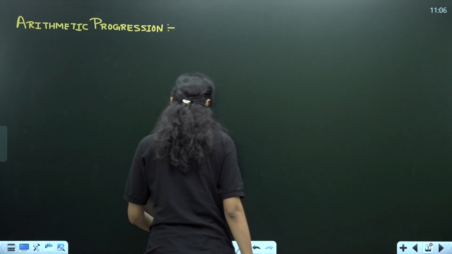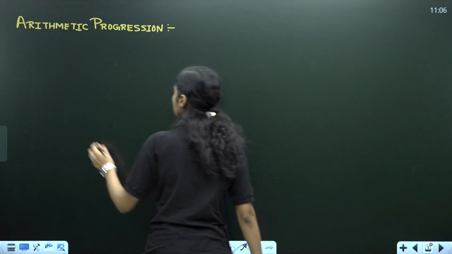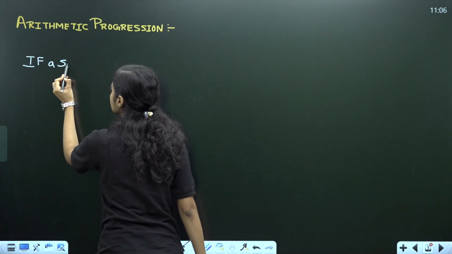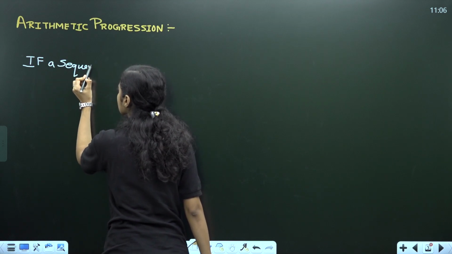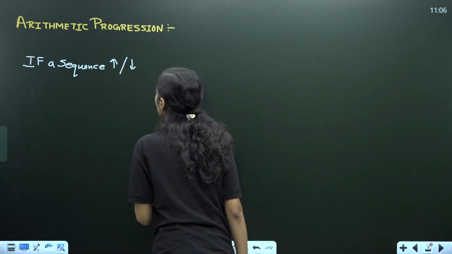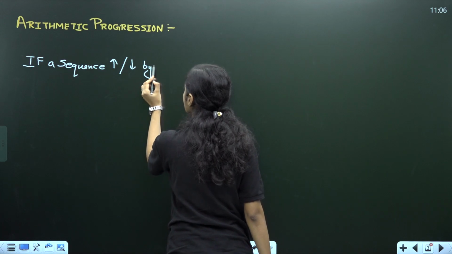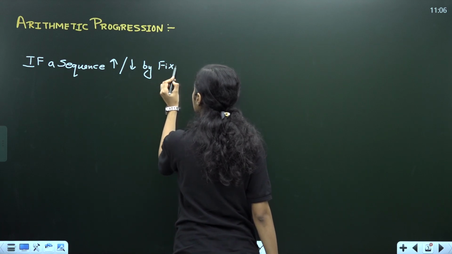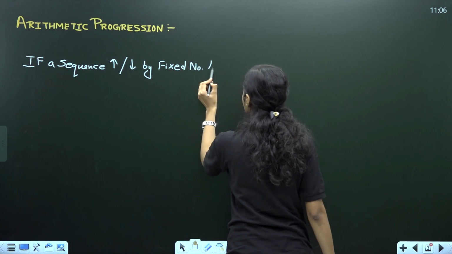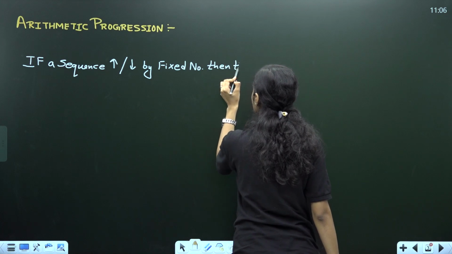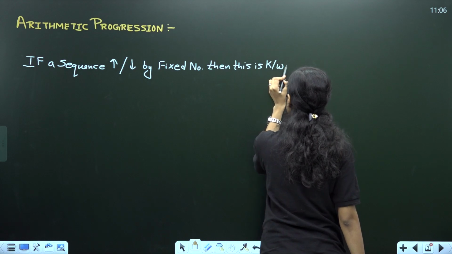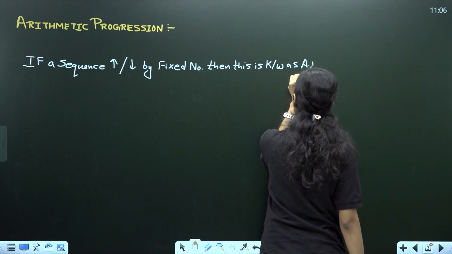Arithmetic progression. If a sequence increases or decreases by a fixed number, then this is known as arithmetic progression.